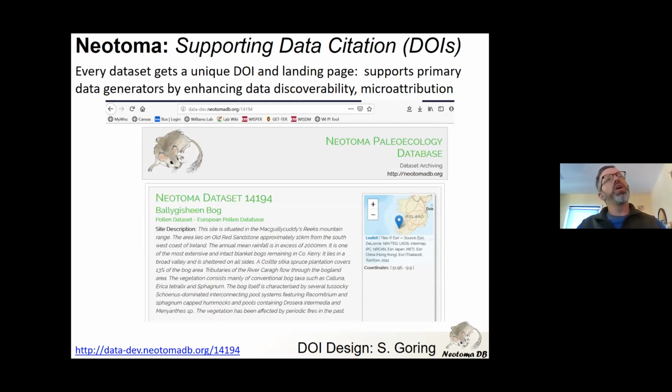And one of the things that's in temporary hiatus as we're doing this migration, but is ready to go otherwise, is having every data set having its own unique landing page, its own unique web page that gives a quick summary of the site and its characteristics and the data at the site. And this is really well suited for web crawlers like Google Datasets or other kinds of automated services to go find your data. So this is an approach that we think will really help improve the data discoverability and the ability for people to find data in Neotoma and use it for all kinds of different things.